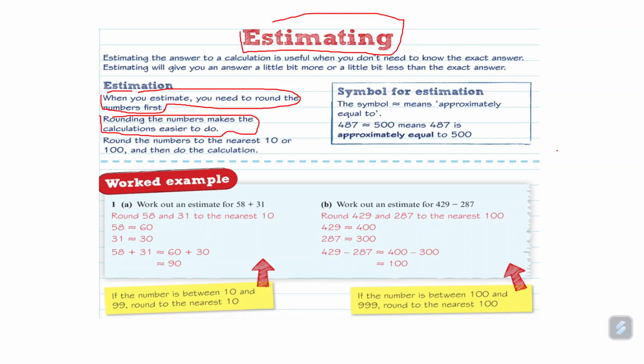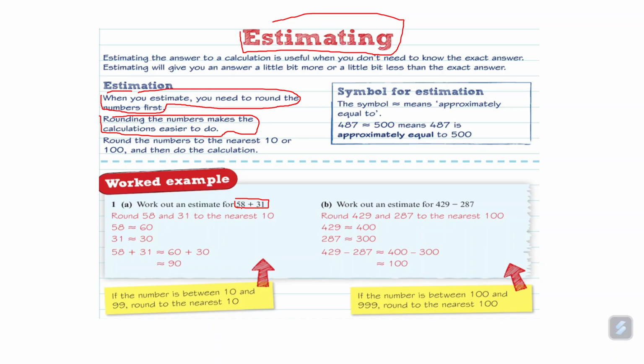The question now is, when do we round? Rounding depends on the question. Take for instance this question here. It says, work out an estimate for 58 + 31. So first things first, we need to round these before adding them both.